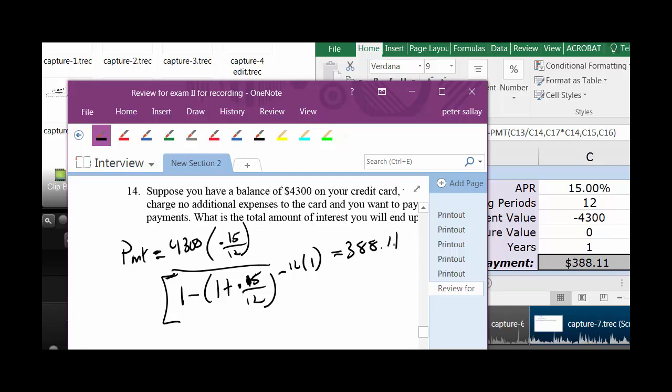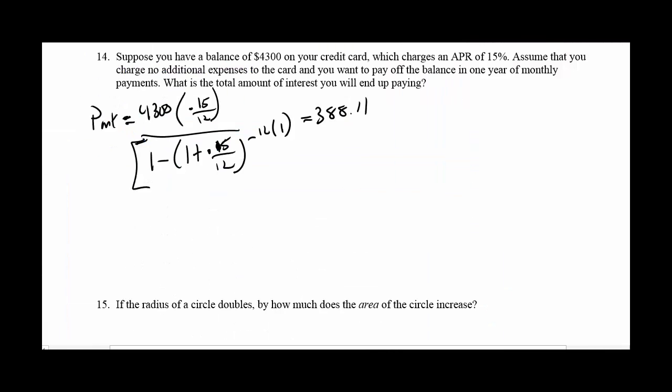Okay, so then, make this bigger. To figure out the amount of interest, I want to take that 388.11 and I want to multiply that by 12. So that's really how much money I'm paying. So 4,657.32.